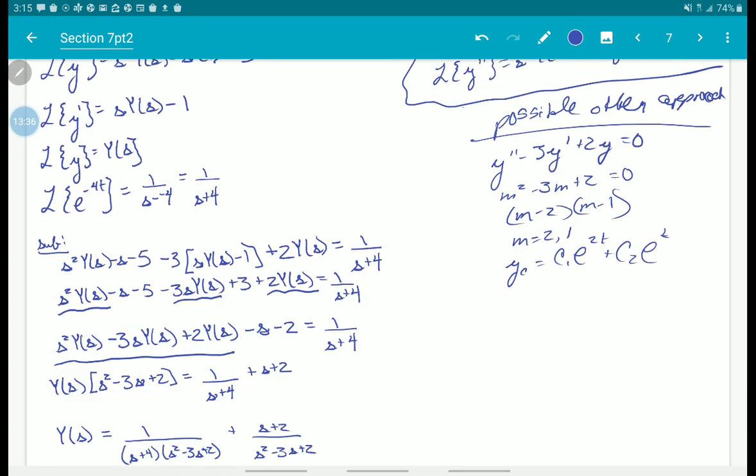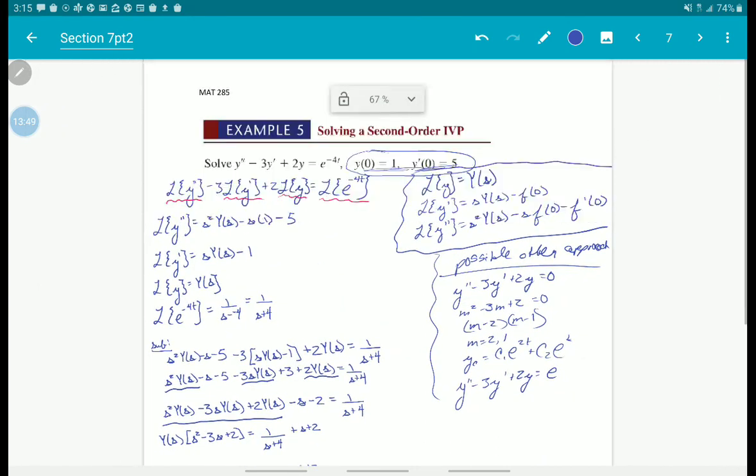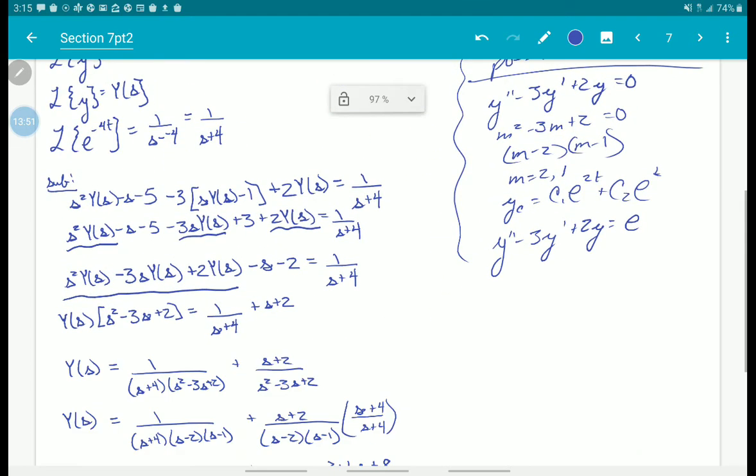And then we would have to use a different technique to solve that non-homogeneous piece, which was e to the negative 4t. So one possible way you could do that, I think I would go with undetermined coefficients.